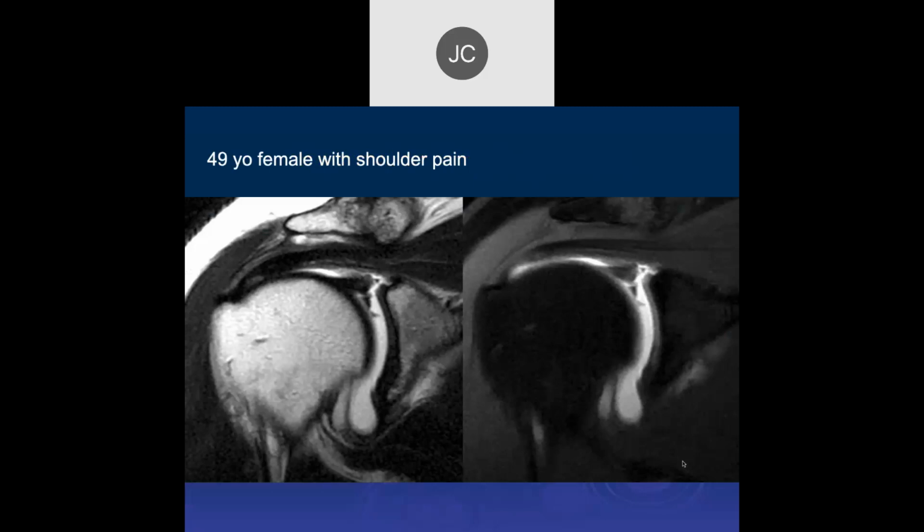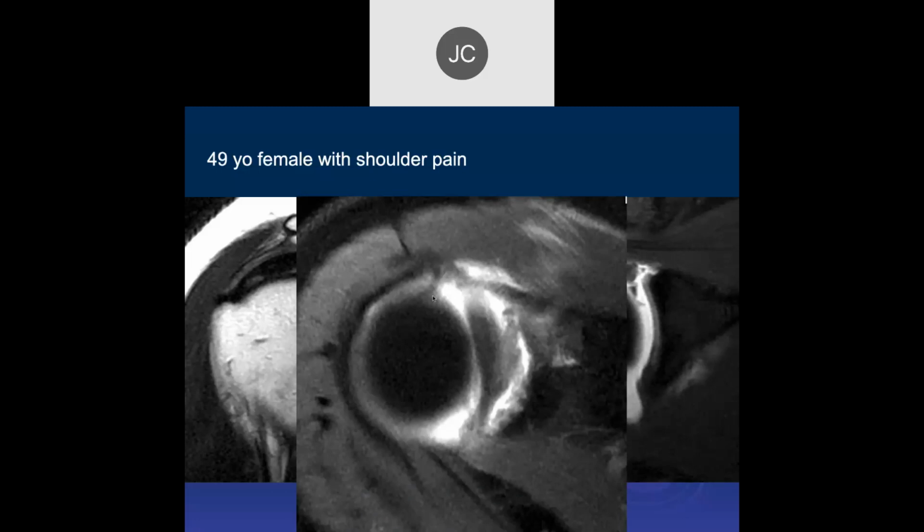All right, so 49-year-old female, shoulder pain, looking at the superior labrum. I think there is a labral tear with detachment of the biceps anchor as well, right? Okay. That is the biceps.